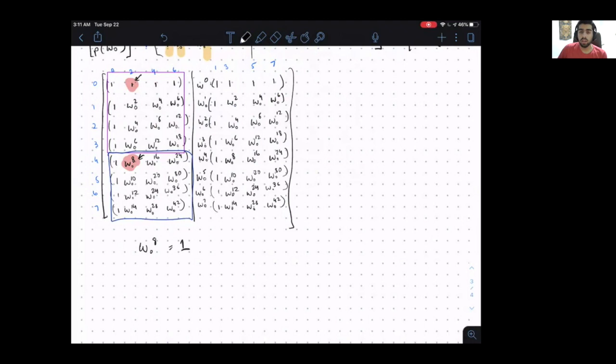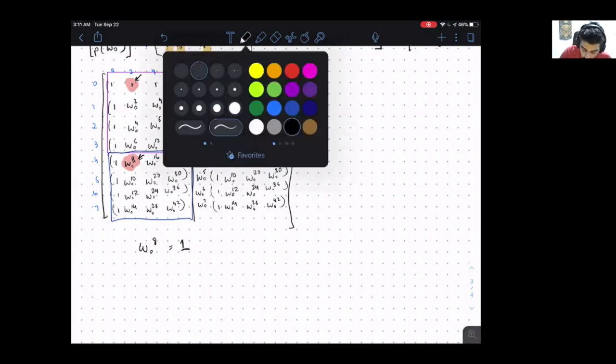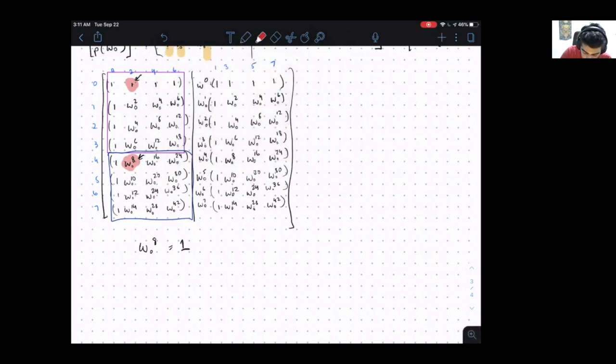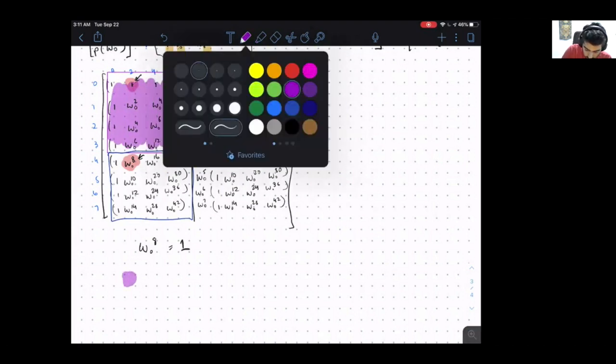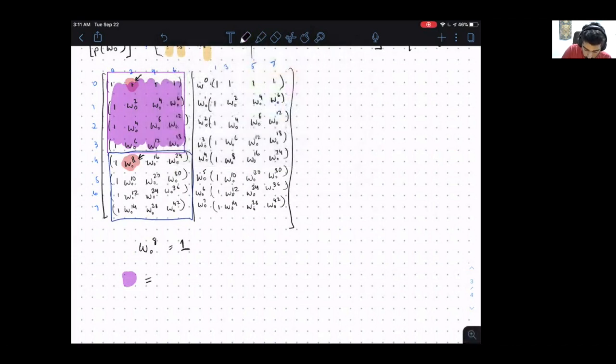And if we go through and compare more one-to-one correspondences between this top left matrix and this bottom left matrix, we'll actually see that this entire matrix equals this bottom left matrix.